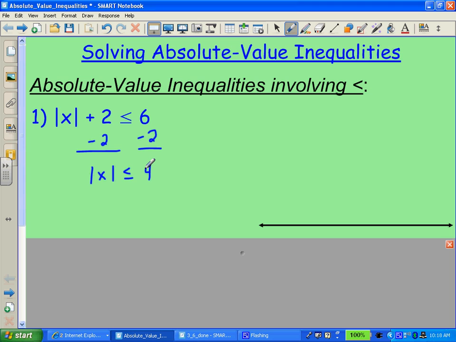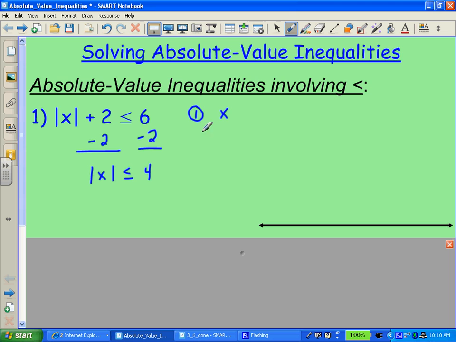Now the next thing that we did after we got the absolute value by itself was to set up two cases without the absolute value symbol. When we were just doing equations, we would set up a case with a positive answer and a negative answer. We're going to do something similar here. So here's case 1.